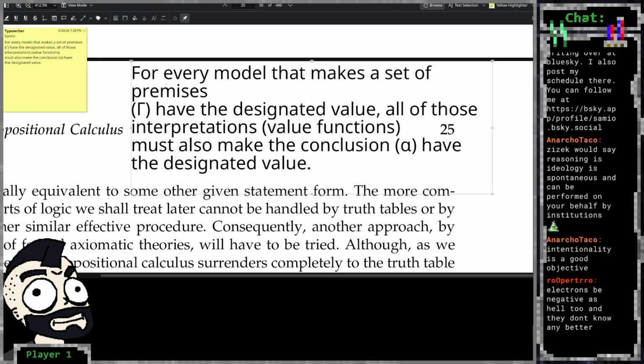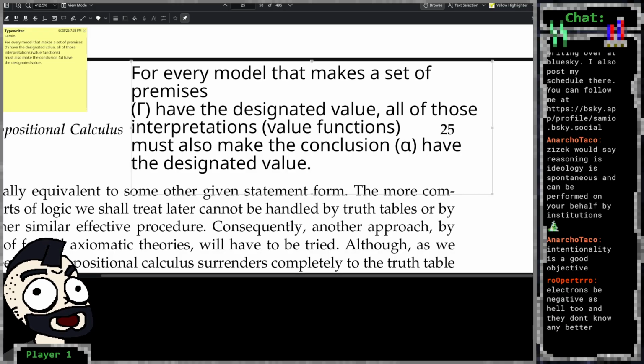We can define inference as producing a certain formula out of a set of formulas by the careful and completely effective method described by a series of rules.